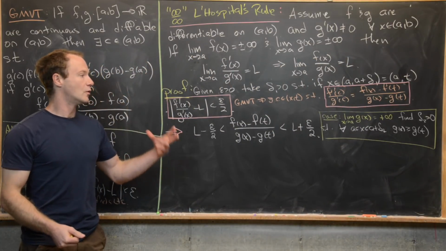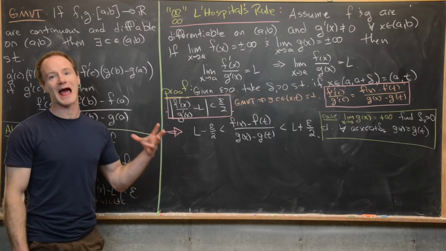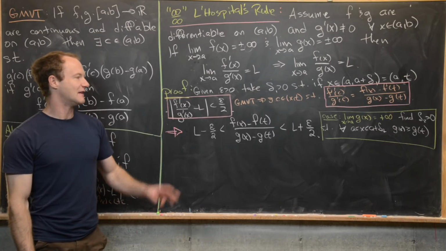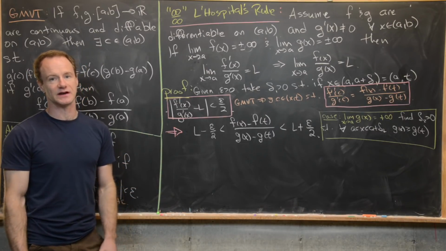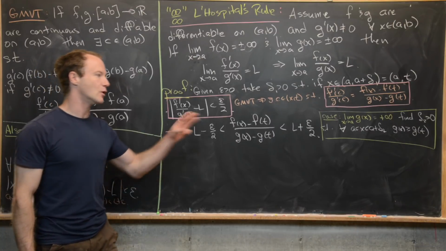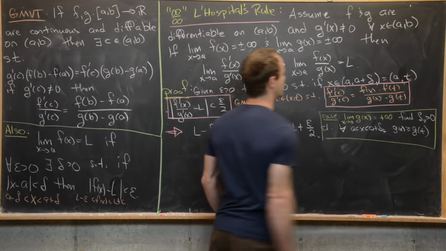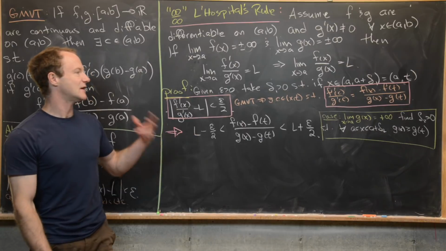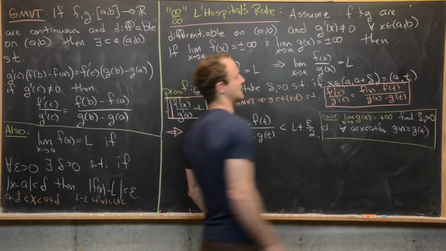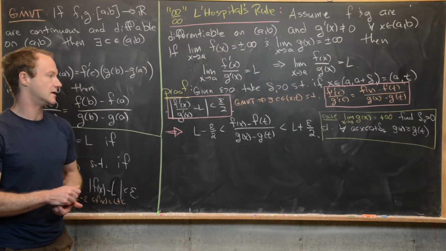So we know that we can make g of x as big as we want it to be, and that's because it's approaching positive infinity. So how big do we want it to be? Well, we just want it to be bigger than g of t, where t was this fixed value up here that depended on delta 1.